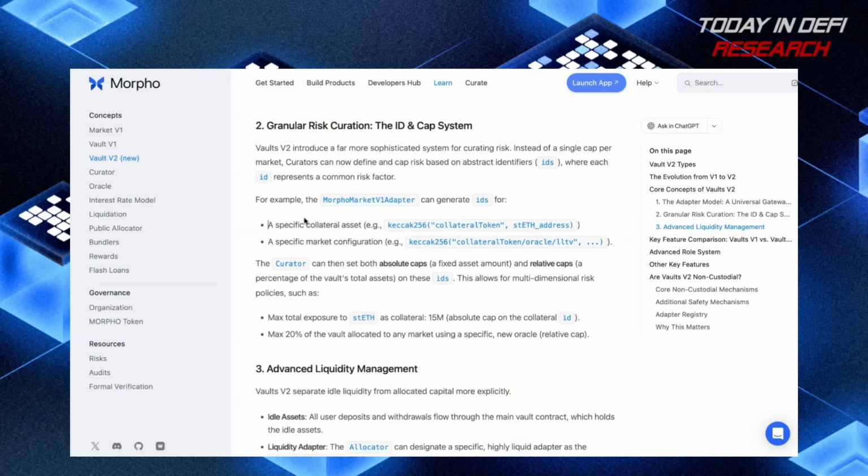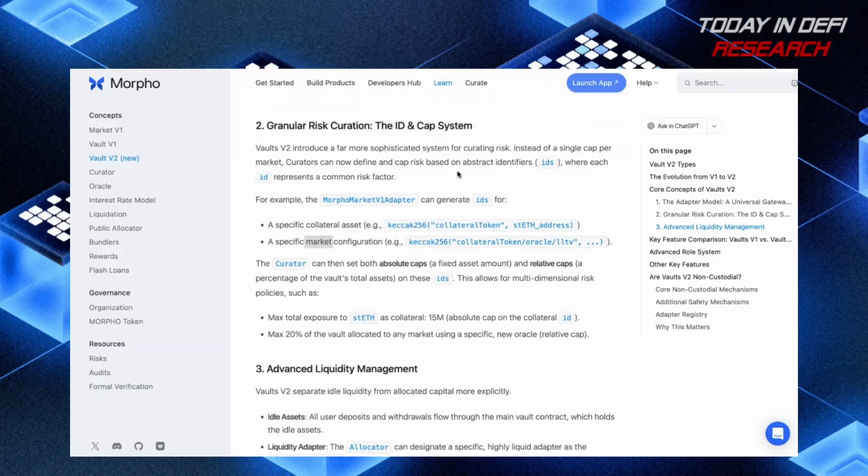For example, the collateral can be rsETH and the market can be an LP position on Curve. If I'm doing an rsETH LP on Curve, the ID of that position will be the rsETH ID plus the Curve LP ID. And then each ID has a corresponding cap.